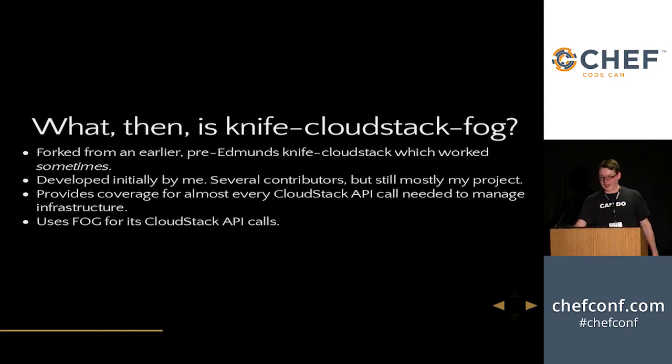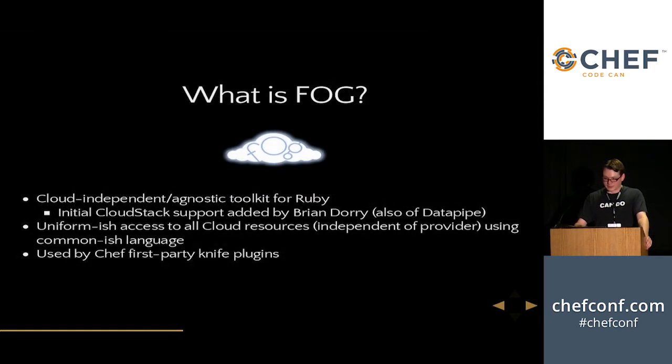So as we use Fog, we have the full API coverage that Fog provides. For those not familiar, Fog is a cloud-independent, agnostic toolkit for Ruby. If you've used Chef, whether you know it or not, you've used Fog, because Knife EC2 and most any of its cloud communications run through Fog, for basically everything other than Knife CloudStack. The initial CloudStack support was added by one of my coworkers, Brian Dory. It provides uniform-ish access to cloud resources through Fog.